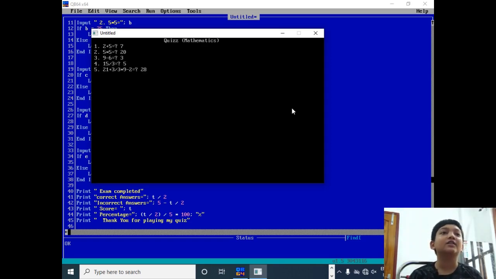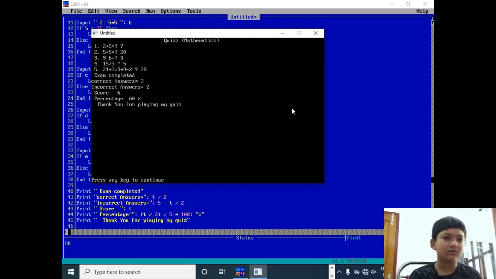Now let's see. Correct answer 3, incorrect answer 2. Why? Because I have just done 1 wrong, so here I have given one negative marking. Percentage is 60% and score is 6, which is not correct at all. Because if score is 6, how many correct have I done? 1 correct, 2 correct, 3 correct, and 4 correct.